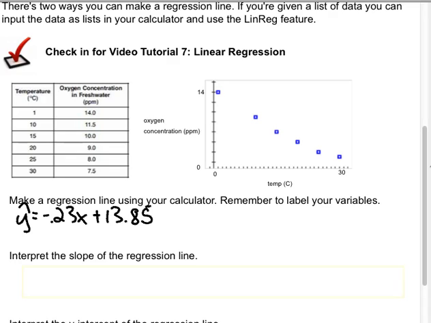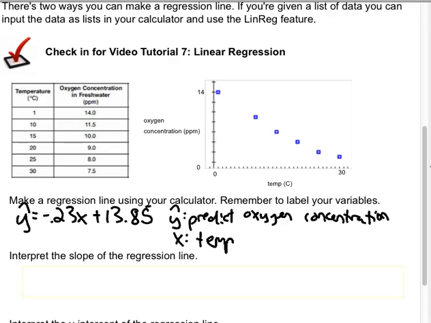Then label your variables. y hat is predicted oxygen concentration, and x is going to be temperature.